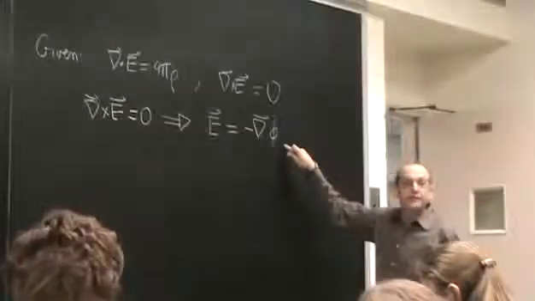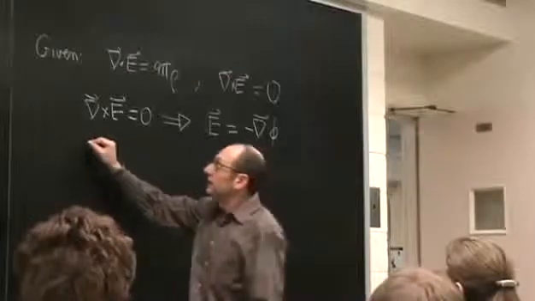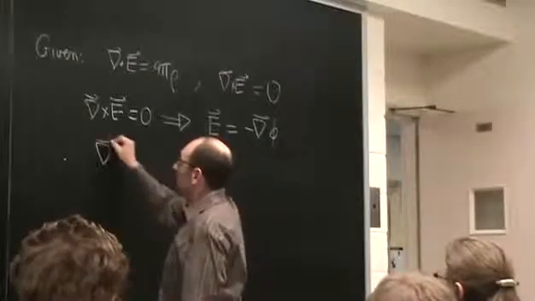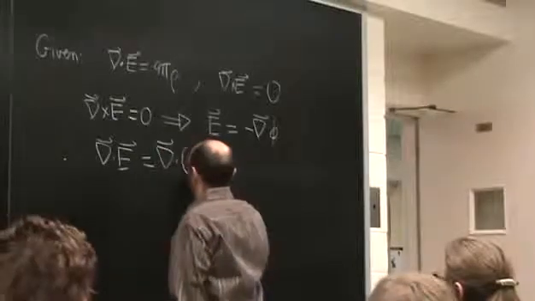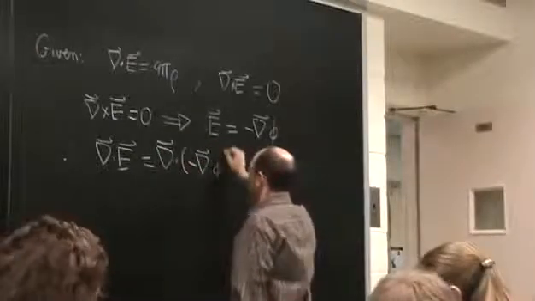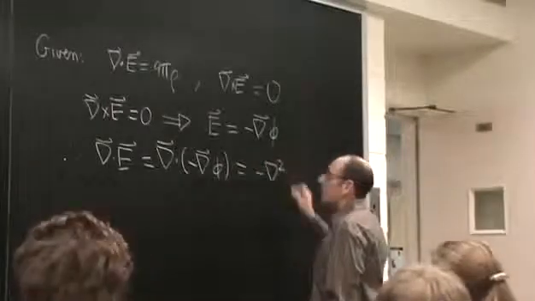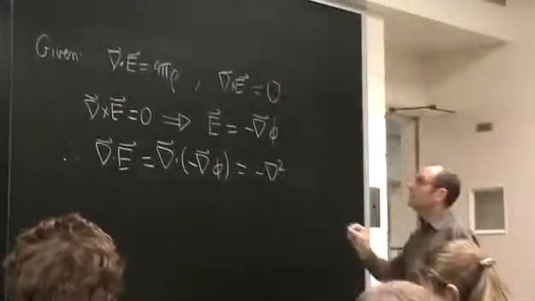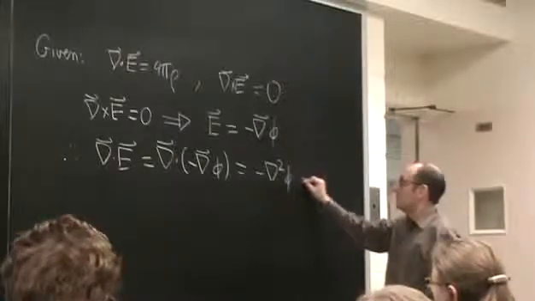Then we can plug this equation into here. Del dot minus grad phi, and del dot del is the Laplacian, equals 4 pi rho.